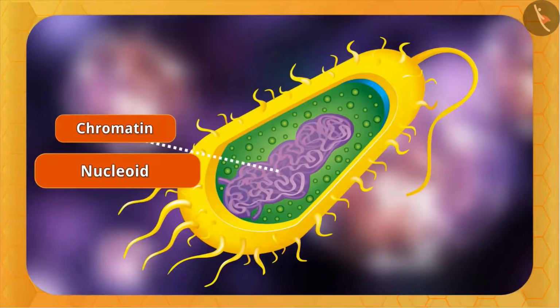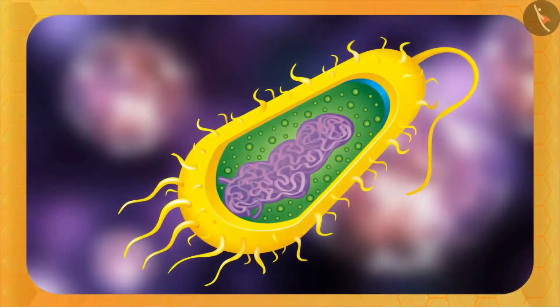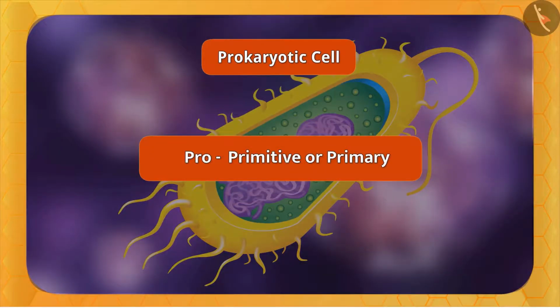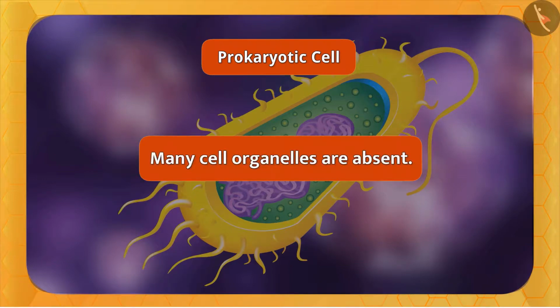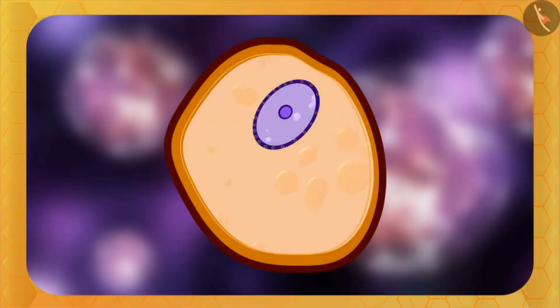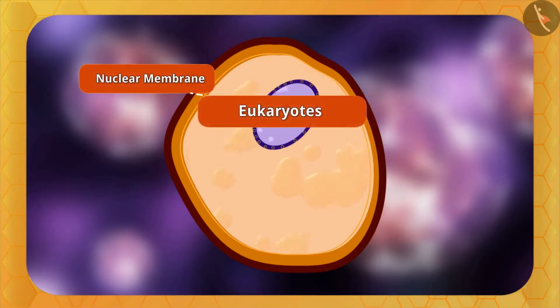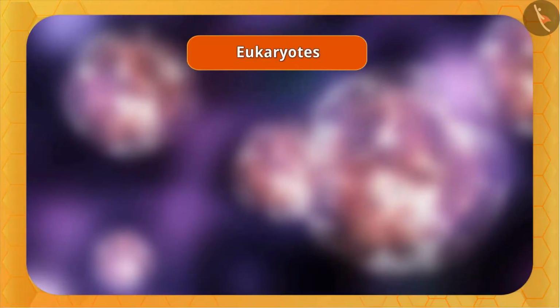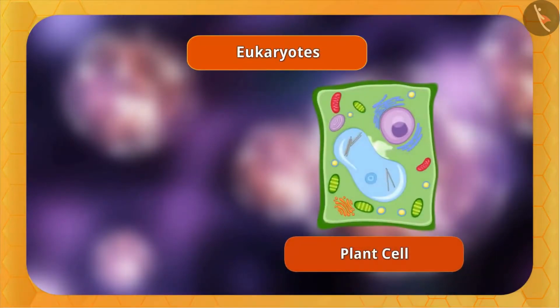Such organisms whose cells lack a nuclear membrane are called prokaryotes. We call such cells prokaryotic cells. Pro means primitive or primary and karyote means nucleus. In these cells, many cell organelles are absent. An organism with cells having a nuclear membrane is called eukaryote. They contain all the cell organelles. Examples are plant cell and animal cell.